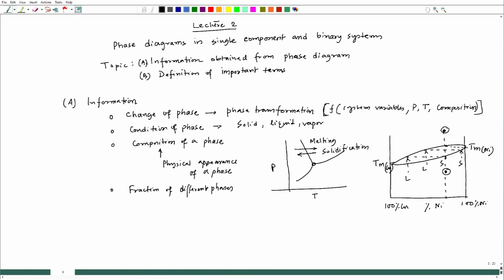And if I try to look at these points, the points over the solid liquid equilibrium line. Okay. So, in case of a single component system, at the equilibrium line, if we consider any point, we cannot get to know the fraction of it. Okay. That is the fundamental concept of thermodynamics.